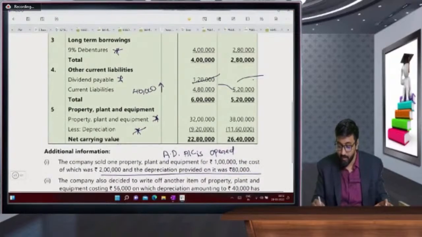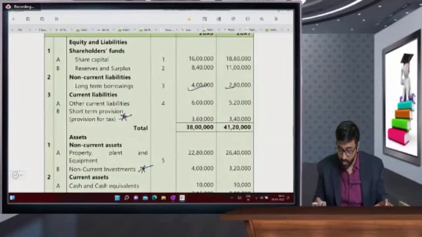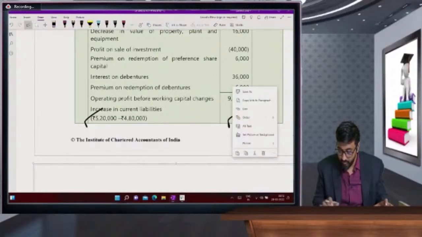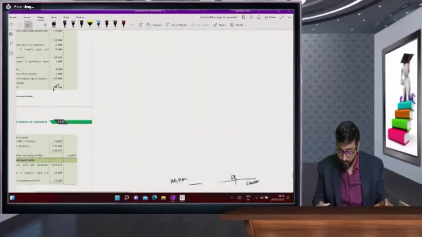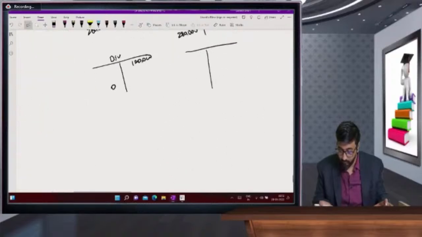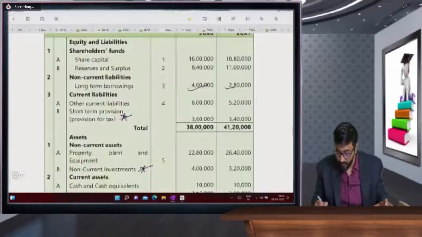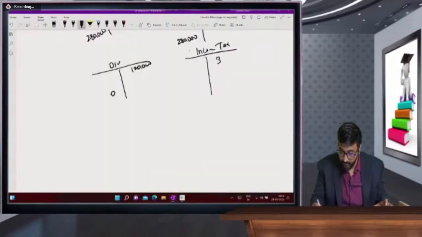Property, plant and equipment you are going to open. It is afterwards. Yes. Short-term tax. So first income tax account, 340 and 360.